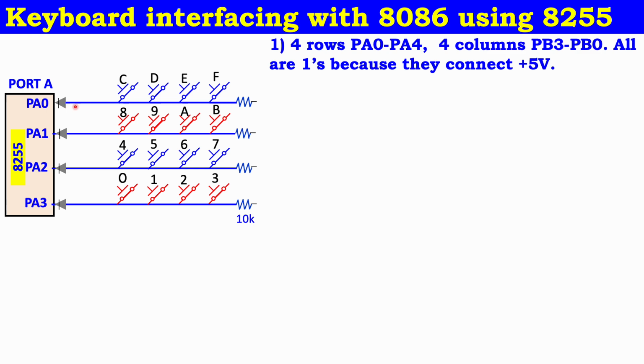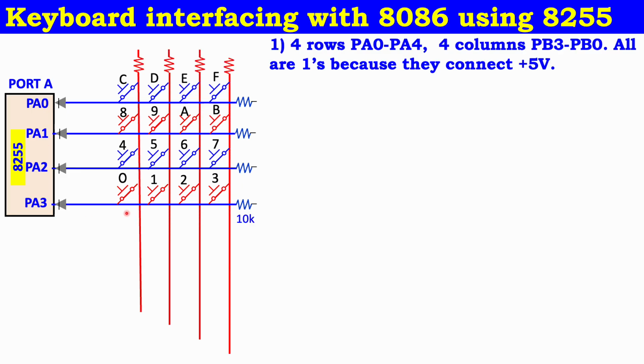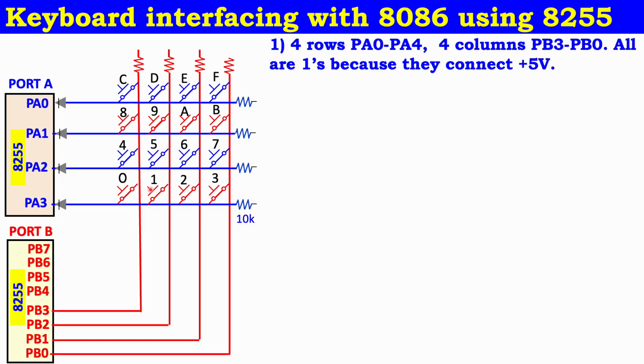The 4 rows are connected to port A, A0 to A3 of the 8255, whereas the columns are connected to port B0 to port B3. So 4 rows and 4 columns are connected.